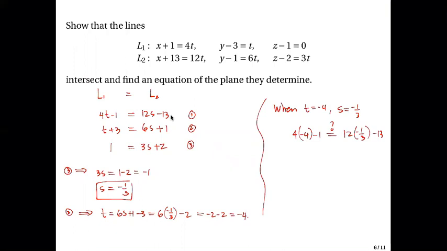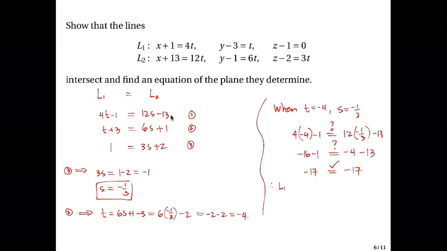Well, on the left hand side, we have minus 16 minus 1. On the right hand side, we have 12 over 3, but negative, so minus 4 minus 13. And indeed, we have minus 17 on the other side also. So they intersect.